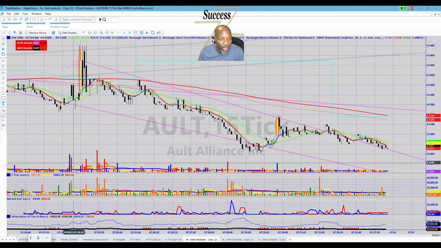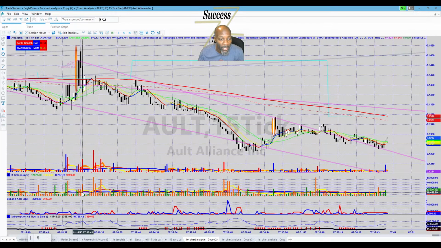Now, these blue and red bars up here are volume. These green and orange bars down here are ticks. So the ticks are the number of transactions, the number of trades.